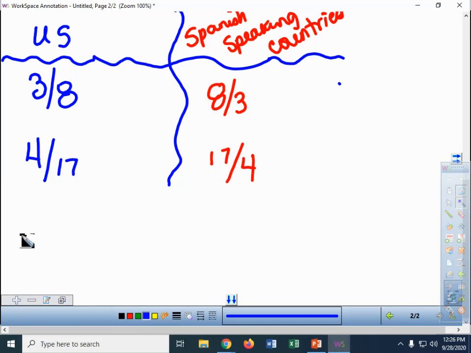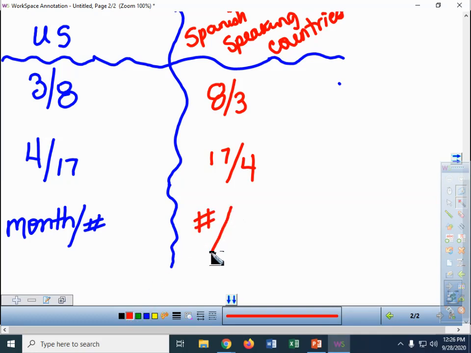So here we are going to write a month and then the number. So this is my date in the United States. And in Spanish-speaking countries, first comes the number, which is the date, and then comes the month.